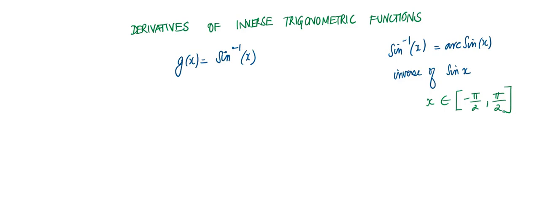So, it passes the horizontal line test. So what we're saying is we can find inverse for trigonometric functions, but they must happen over a particular domain. Okay. So now we're asked to find the inverse of sine here using the inverse function theorem.